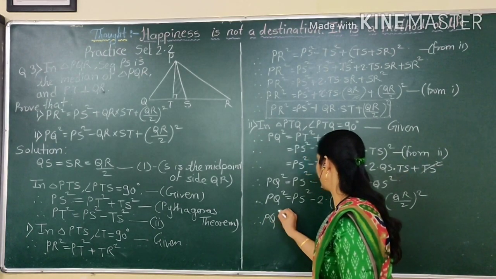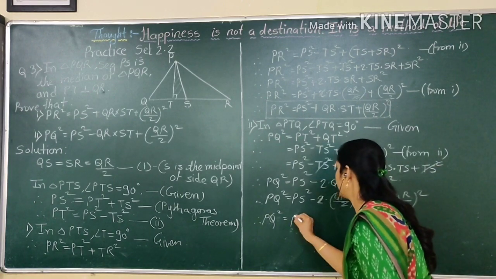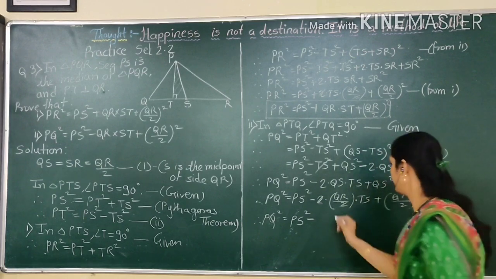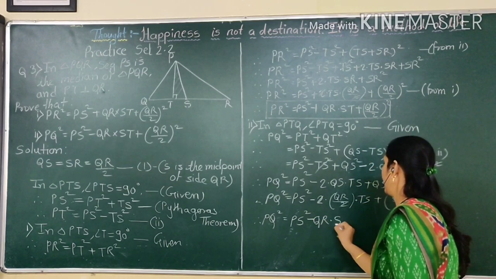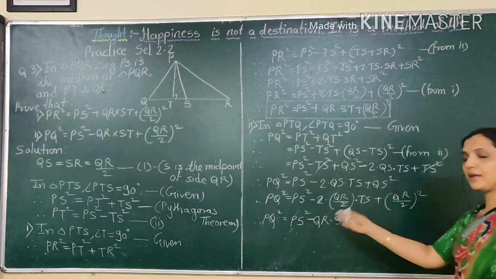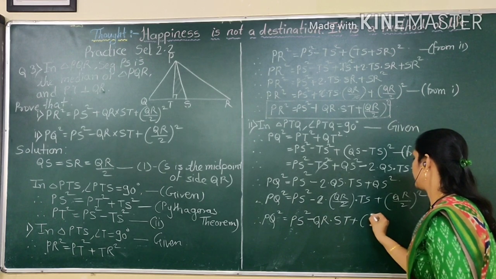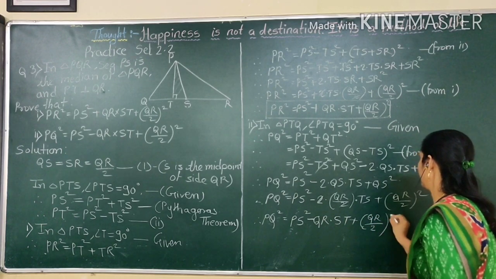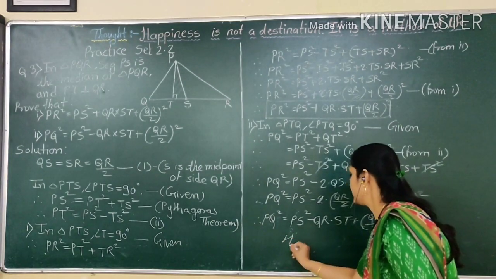Therefore PQ square, 2 get cancelled, PQ square is equal to PS square minus QR into TS, which can be written as ST also, plus QR upon 2 whole bracket square. Hence it is proved.